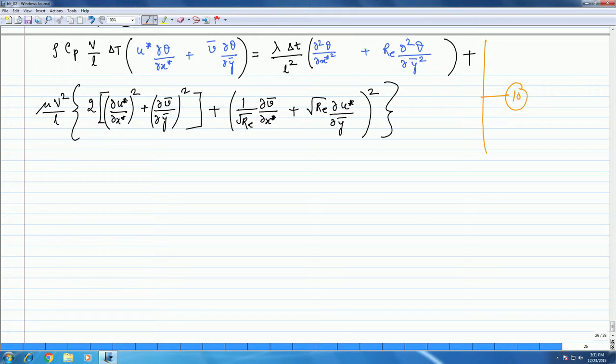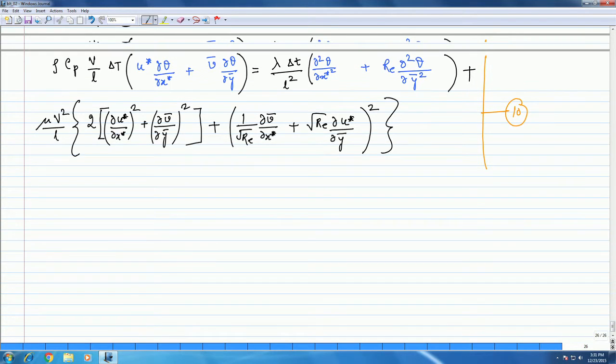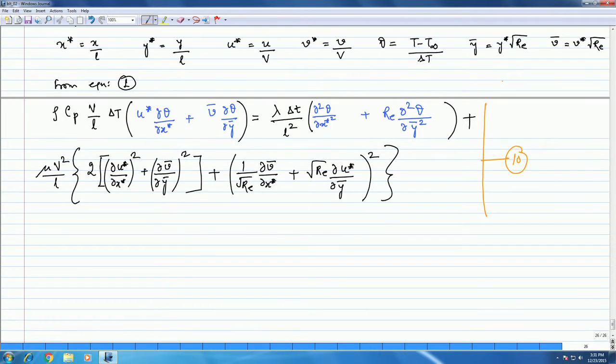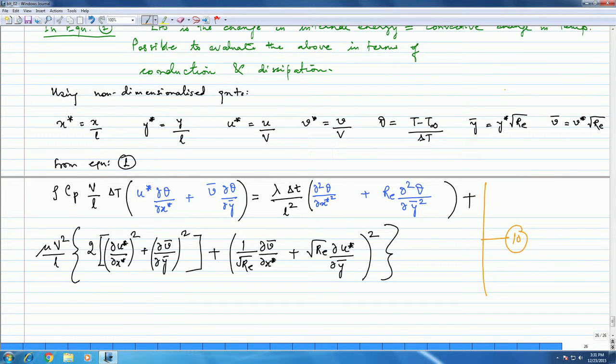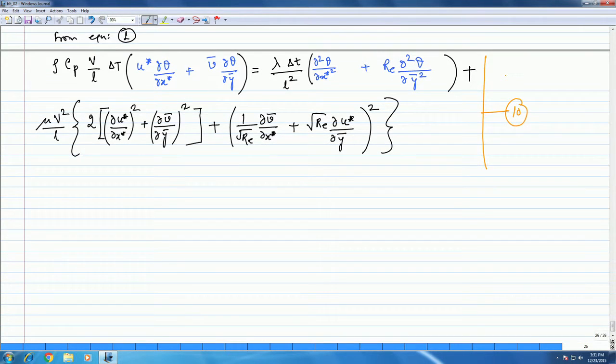We did have this in terms of the temperature, as the convective change in temperature, and what we've used now, the usual non-dimensional variables, and we are able to get something like this, where what we have essentially is the non-dimensionalized temperature theta.